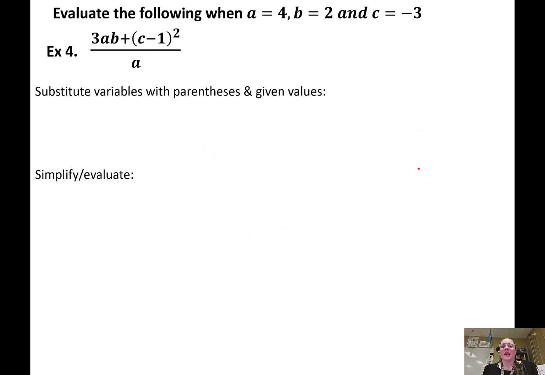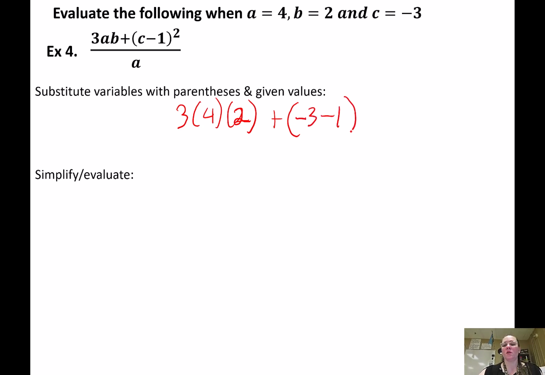All right, let's look at this example. Again, we're using the same numbers we used last time for a, b, and c. So again, plugging in, I get 3 times 4 times 2 plus c, which is negative 3, minus 1 squared over 4.